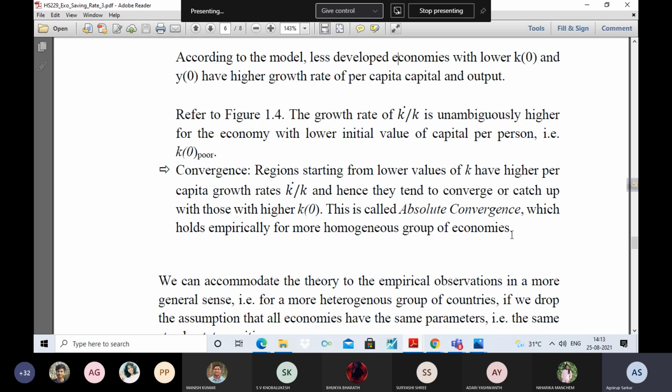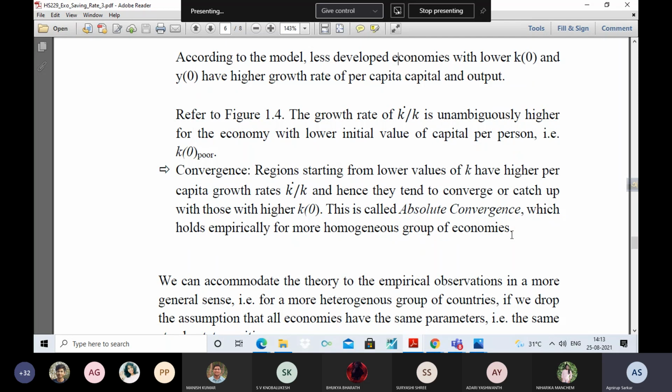What is absolute convergence? The hypothesis that poor economies tend to grow faster per capita than rich economies without conditioning on any other characteristics of economies. This concept is referred to as absolute convergence. Now, this hypothesis receives only mixed reviews when confronted with data on groups of economies.